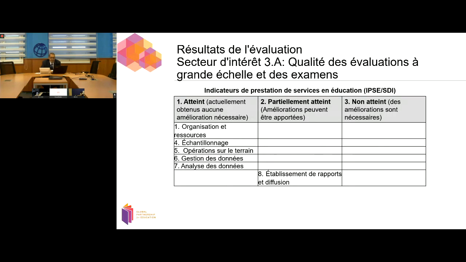Yet, in terms of reporting and dissemination, it has not been totally reached. And there's a comment. The World Bank decided recently to organize a workshop that will take place at the beginning of December. So for this particular assessment, most of the objectives have been reached, as you can see. Next slide, please.